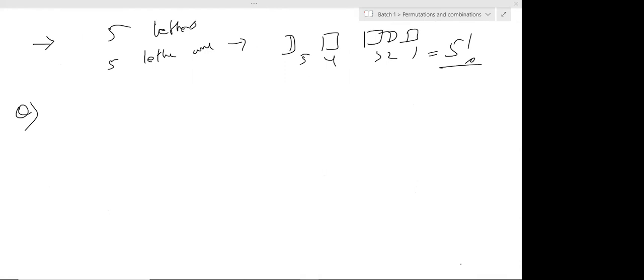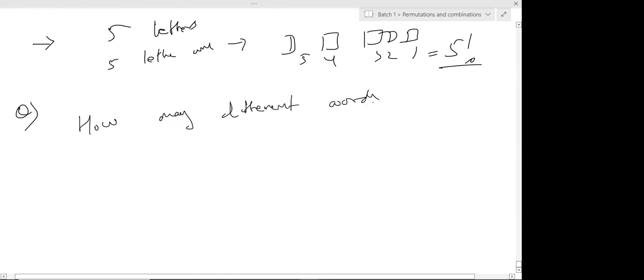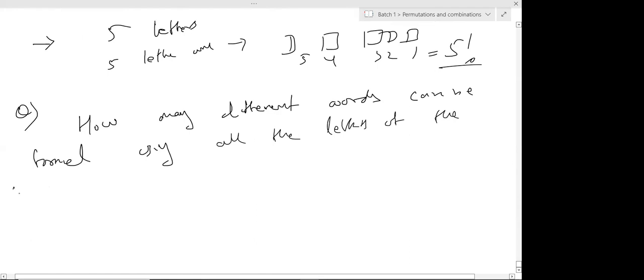The question is, how many different words can be formed using all the letters of the word Delhi?